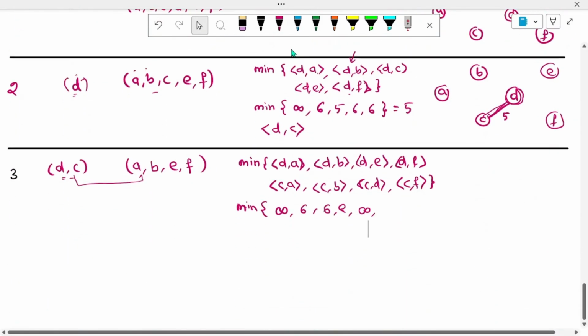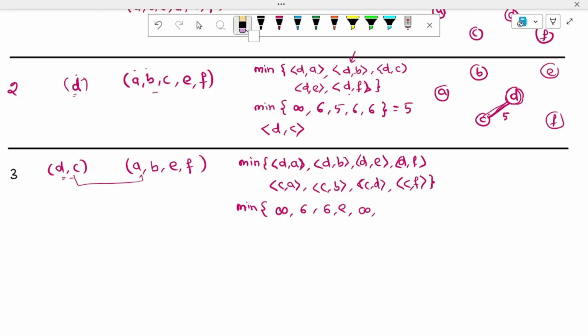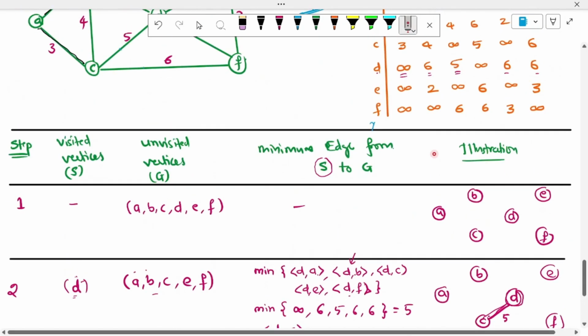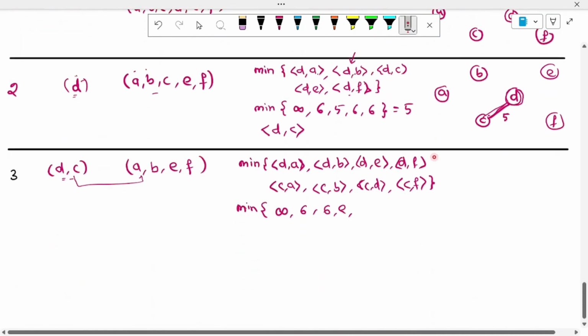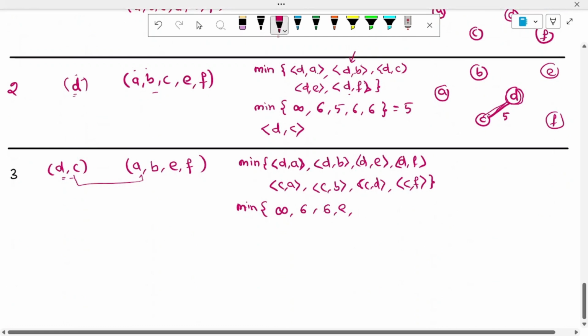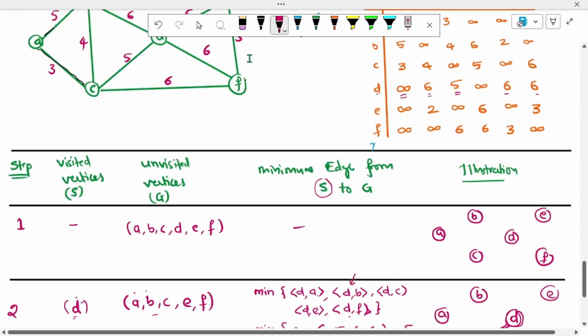Okay, there is a mistake here. I need to look for EA. It is not EA, it is CA, sorry, my bad. It is CA, CB, CD and CF.